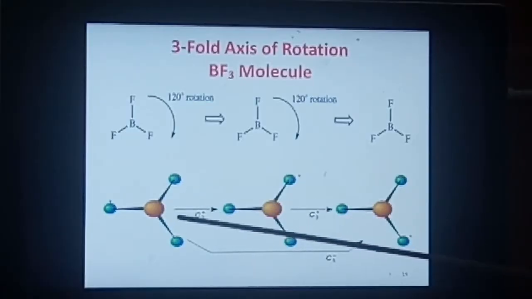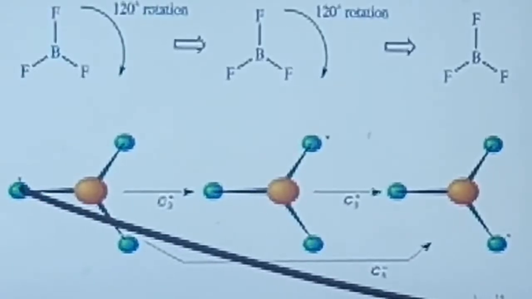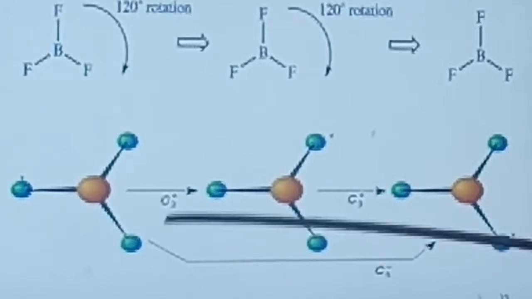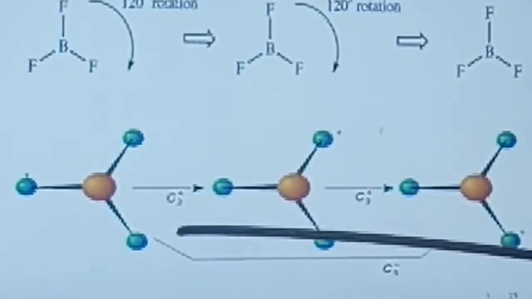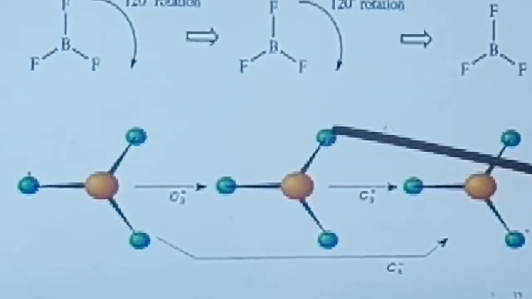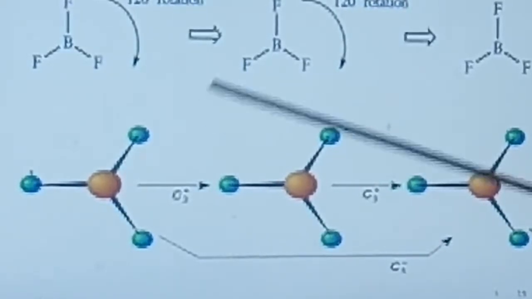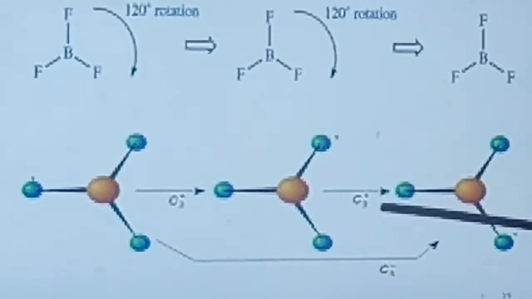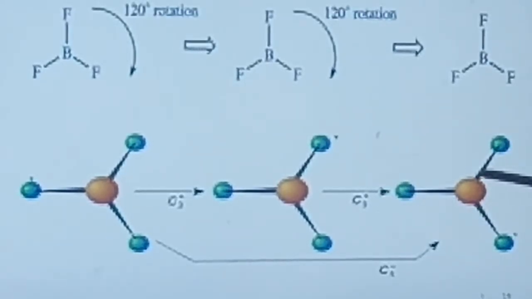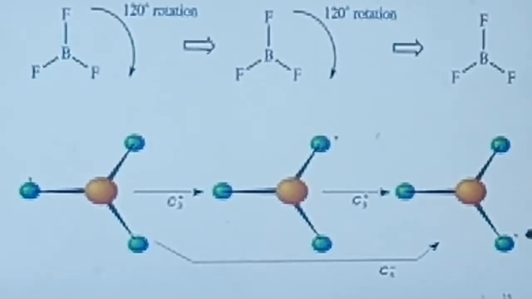This is the ball-and-stick model. If this is the marked fluorine and we rotate it by C3(1), that is 120 degrees, we will get this structure and the marked fluorine will come here. If we again rotate it by 120 degrees, this will be the structure and the marked fluorine will come here.